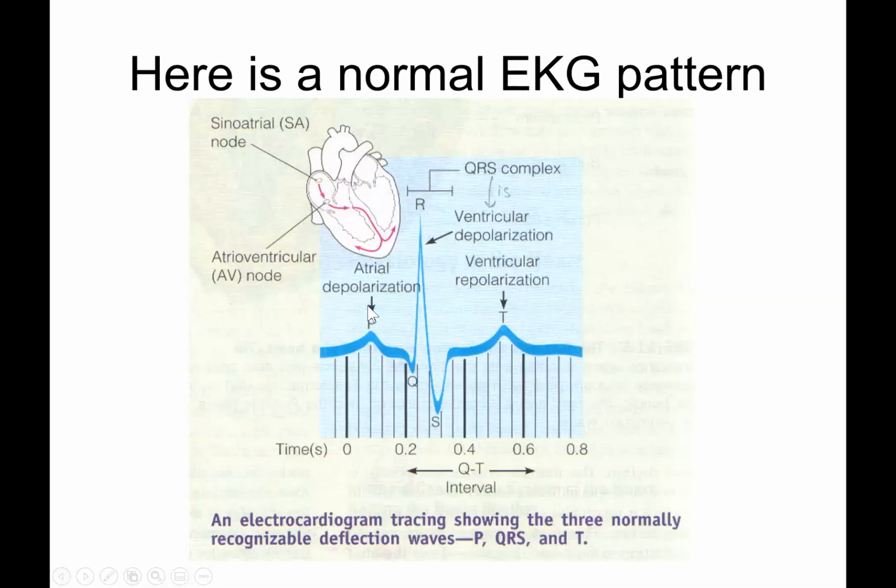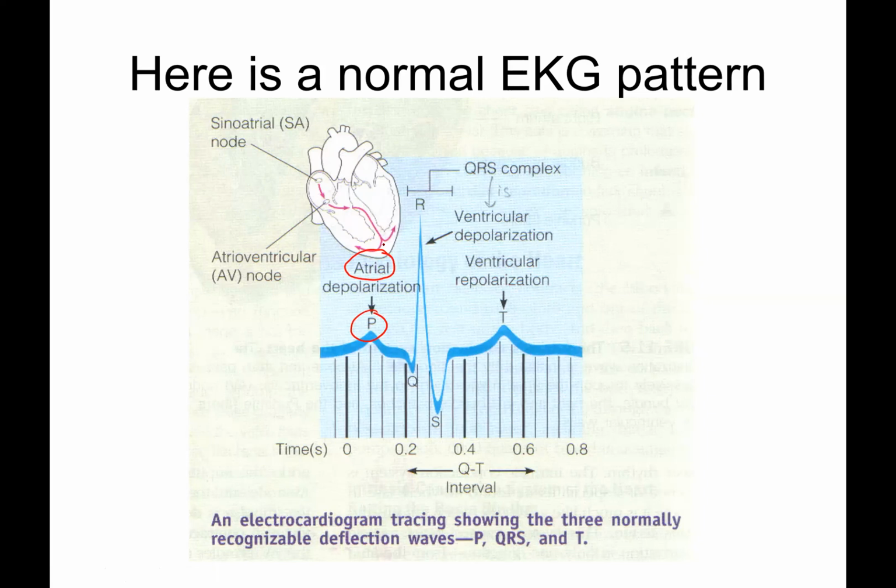Let me share this with you. Okay, this just makes it easier rather than me drawing it out. Okay, so the P wave is going to represent the atria contracting. Okay, so they are squeezing.